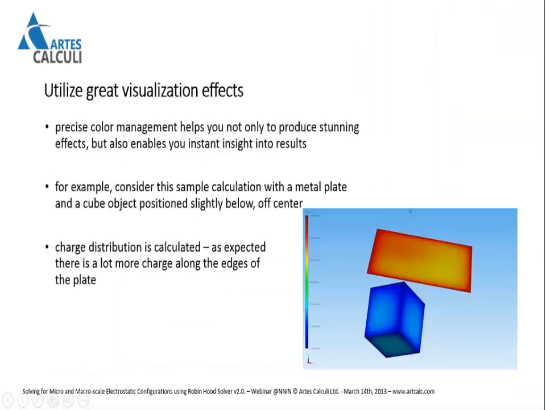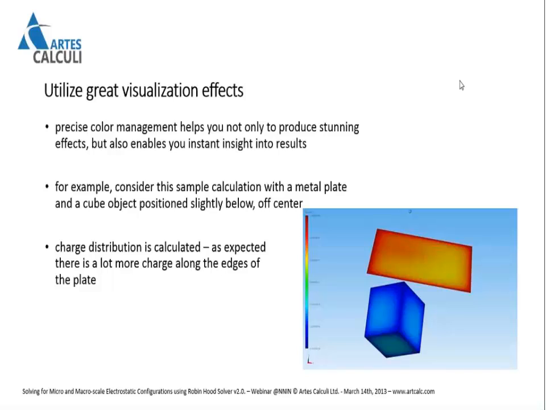And here is an example which shows the power of our color palette in more detail. As you can see in the bottom right picture, this is a basic configuration of a single metal plate above a single box positioned slightly below and off center of that plate.